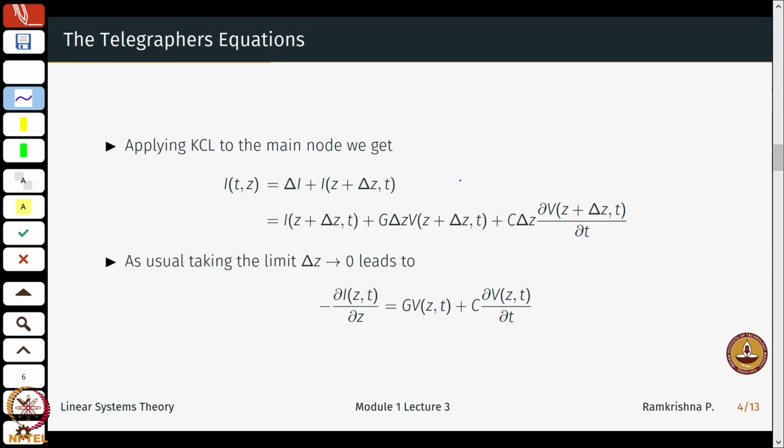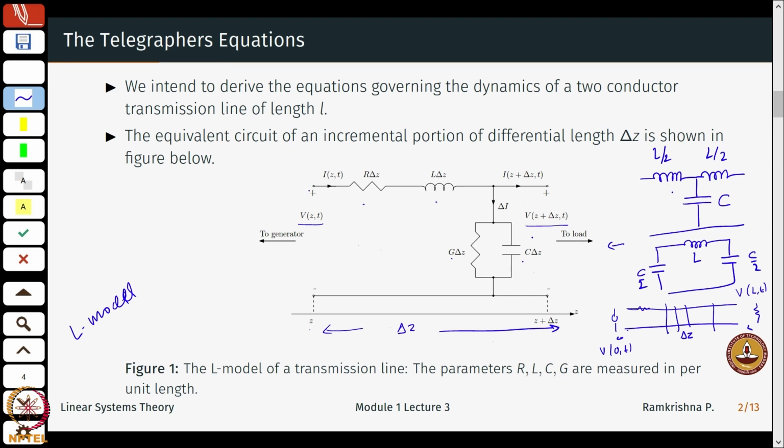So, the voltage here from here till here is the voltage across R, L and the voltage here, which is what? Which is simply V(z plus delta z, t). Again, the time is fixed here, right. So, I am just looking at how the things vary with space. So far we were interested in say dx by dt is Ax plus Bu. So, there is another dimension here in terms of the space.